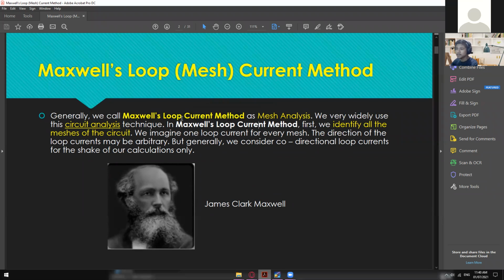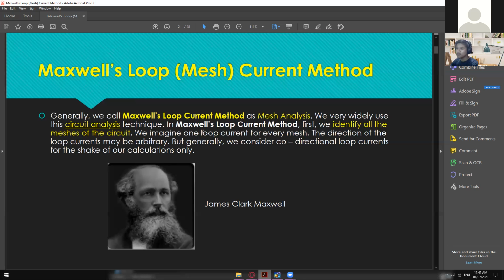Yes, we have the name loop, but the one we're only considering is the meshes. Last meeting we discussed the difference between meshes and loops. A mesh contains only one loop inside of it, but a loop can contain one or more. That's their major difference when it comes to meshes and loops.